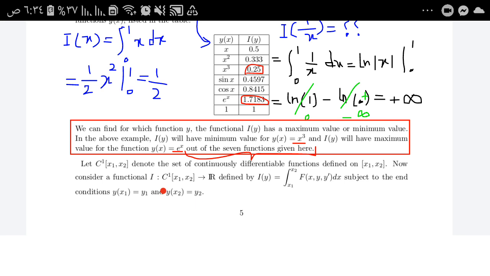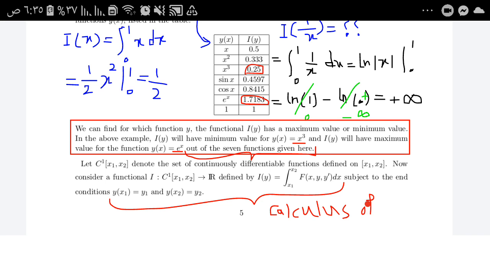This problem is called a calculus of variations problem.